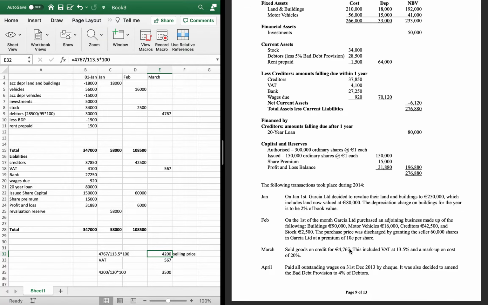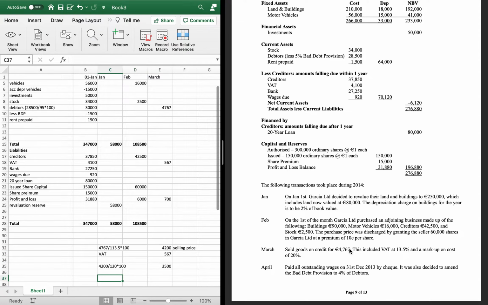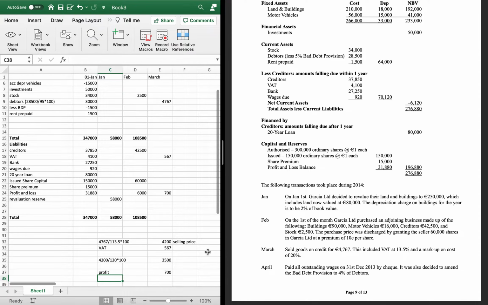So if we sold goods that cost 3,500 and we sold them for 4,200, because you ignore the VAT, right, that means we made a profit of 700 euros. So there's a profit. So profit and loss is 700 euros. 3,500 plus 700 brings you up to the 4,200. So what's happened to stock?